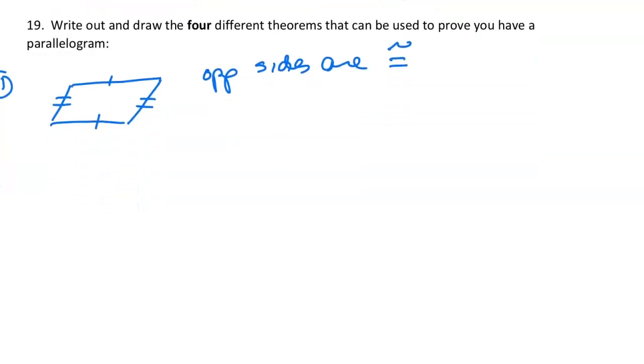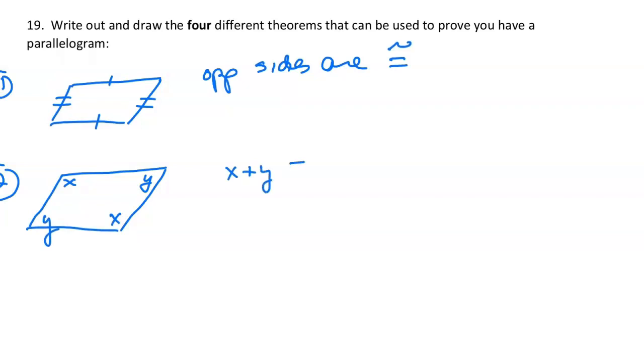That's one reason I have a parallelogram. Then I'm going to deal with angles. I'm going to make this x, y, x, y. So I'm going to say x plus y will equal 180.